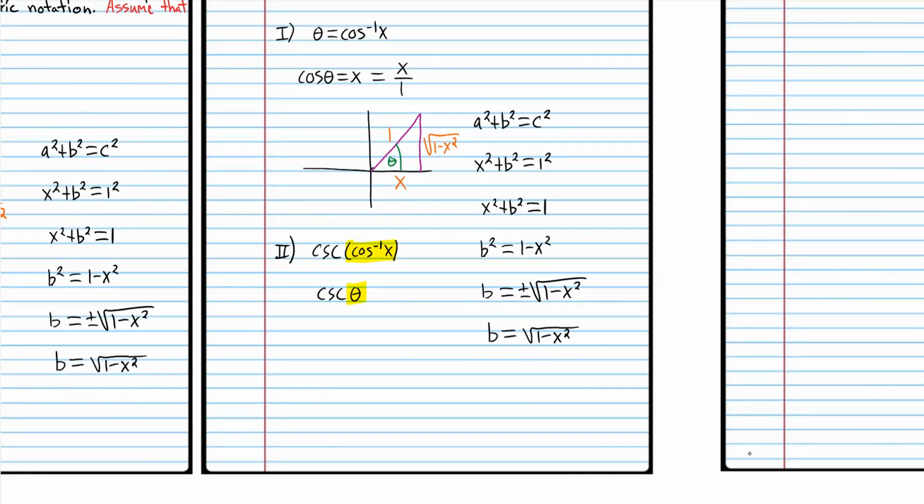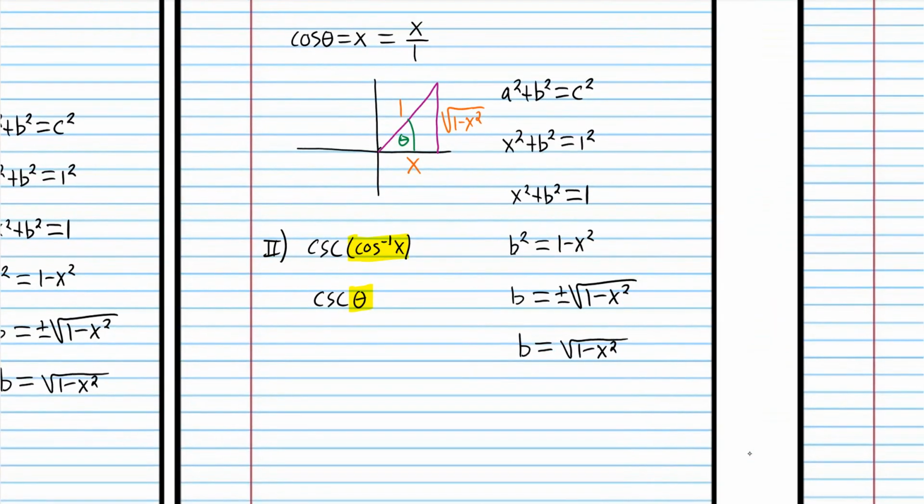So cosecant theta, looking at this triangle, is going to be root 1 minus x squared, actually 1 over. Cosecant is the hypotenuse divided by the opposite side.